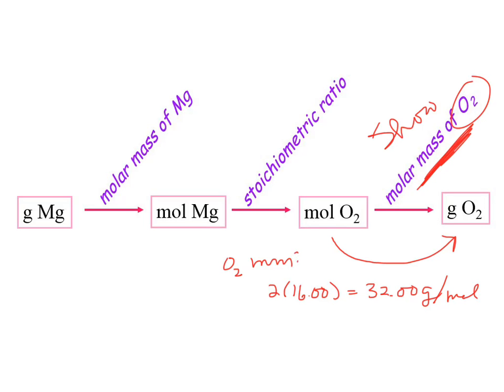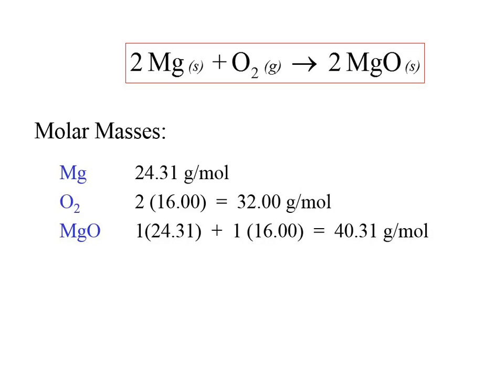Whenever you have some elements like oxygen, oh my gosh, 16.00, really? Yes, that means the uncertainty begins in the 100ths place. You need to make sure you write that whole thing. Don't truncate it.